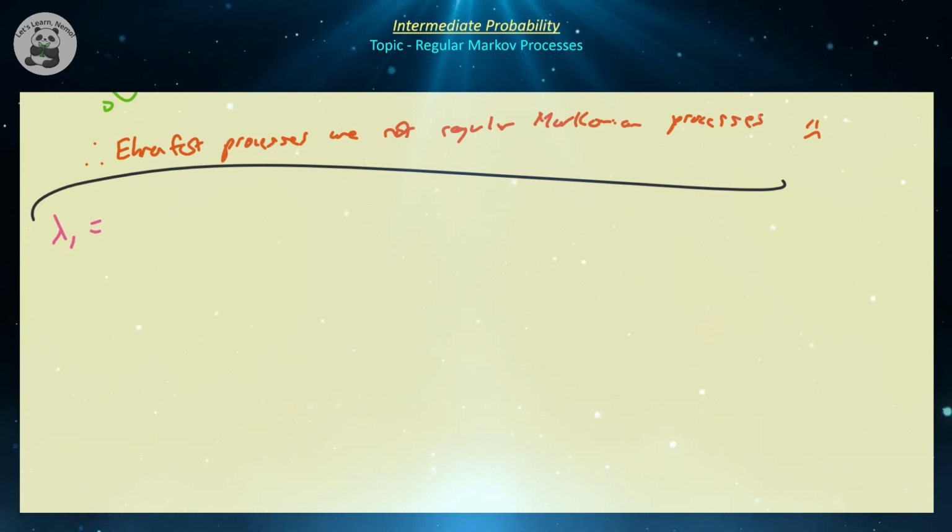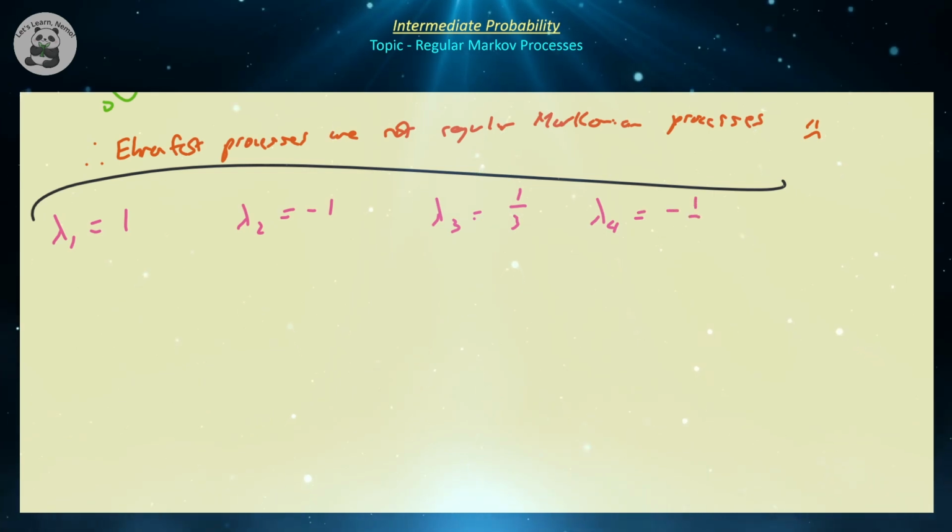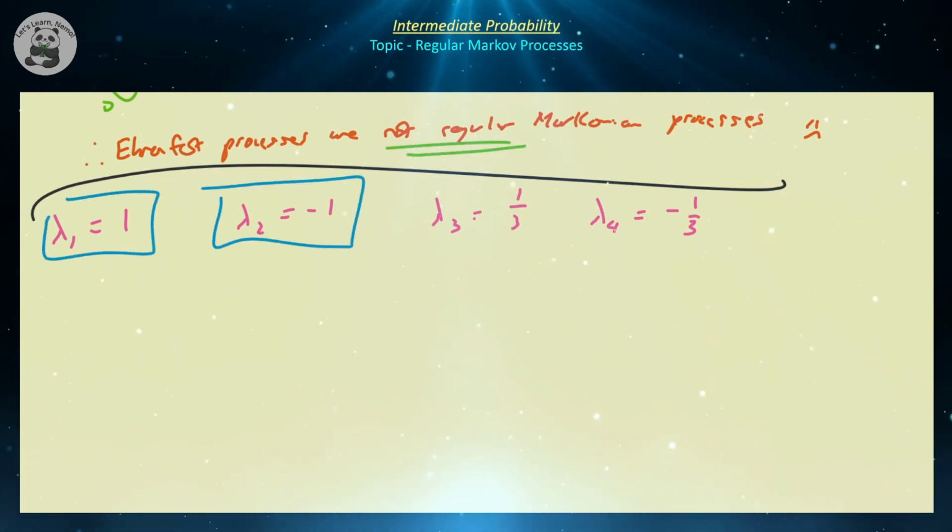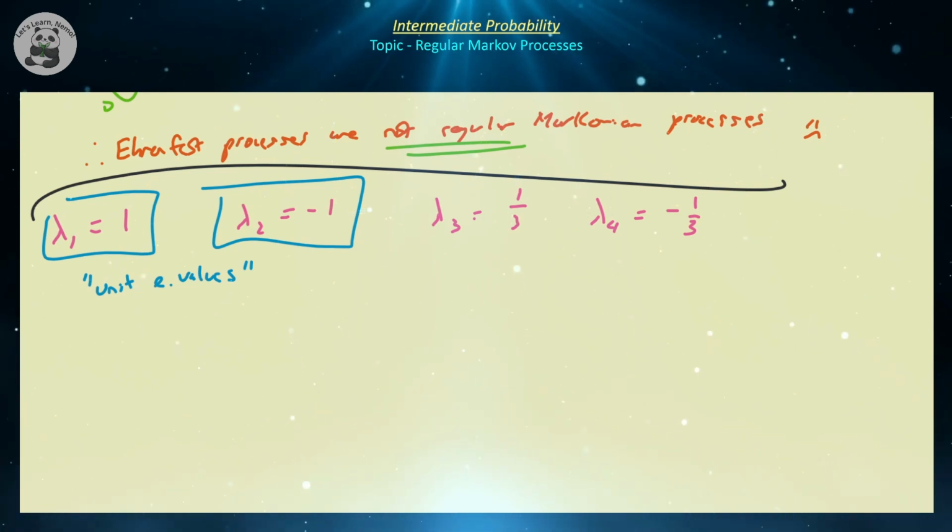If we find our eigenvalues for this particular matrix, you're going to have 1, -1, 1/3, and -1/3. There are only two eigenvalues for this irregular matrix that we need to focus on, and that's 1 and -1. These are usually what we refer to as our unit eigenvalues. Now, there's a lot of theory behind irregular matrices, and we'll get to them at a later time, but I just want to give you a little introduction to them now.